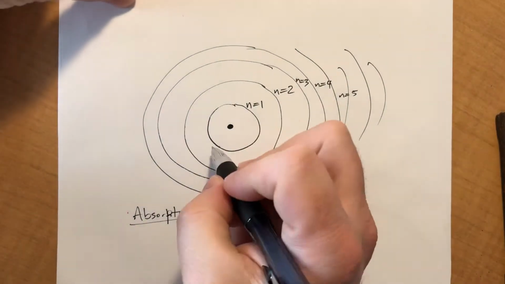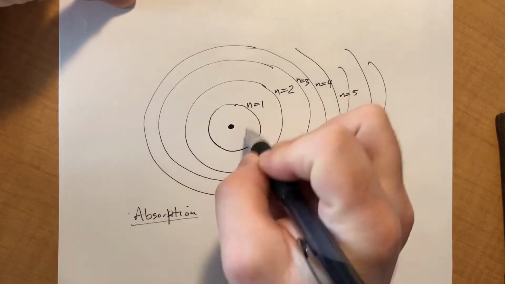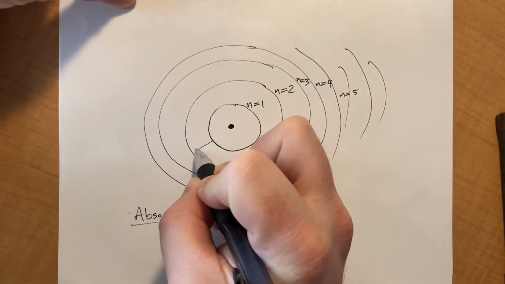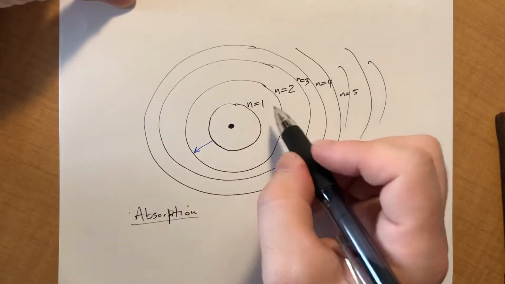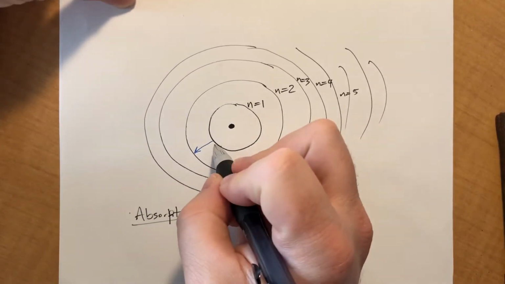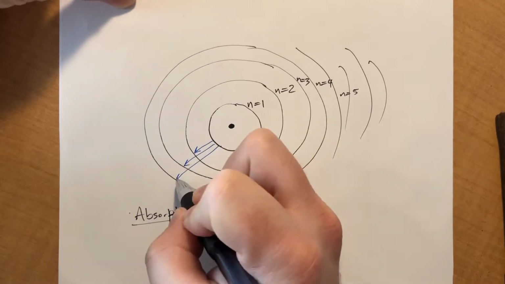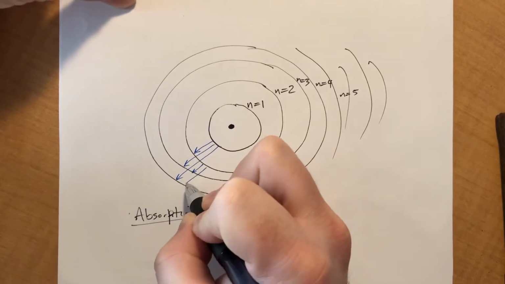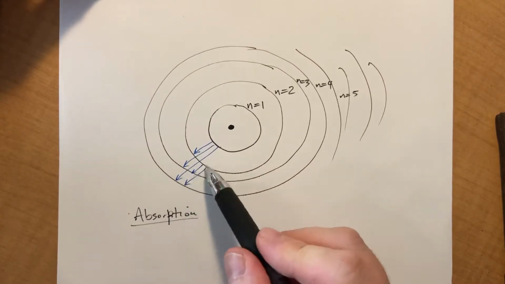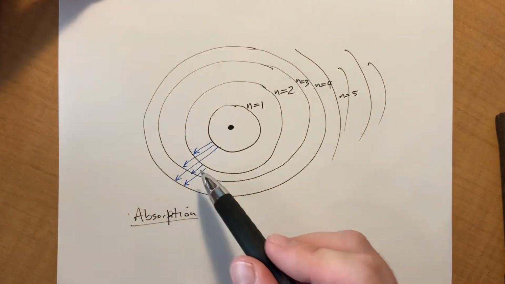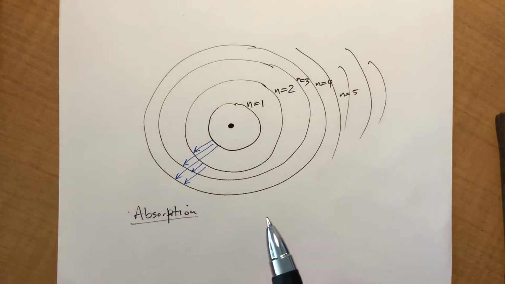So an absorption could be an electron that's in the first orbit moving to the second orbit. It can't end up anywhere in between those two orbits. It can only be on these nice whole integer numbers. Or it could be from the first to the third, or the first to the fourth, or the second to the third, or the second to the fourth. And the idea is each of these energy differences corresponds to one of the lines in the line spectrum.